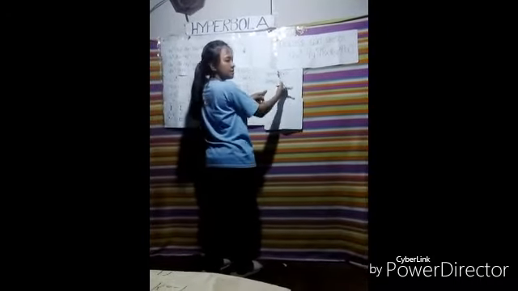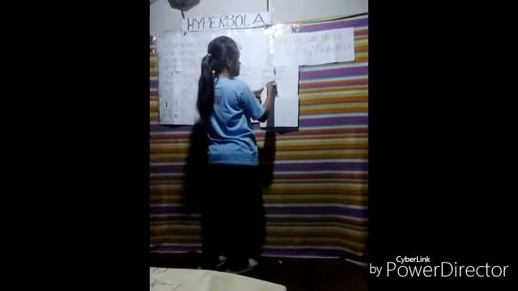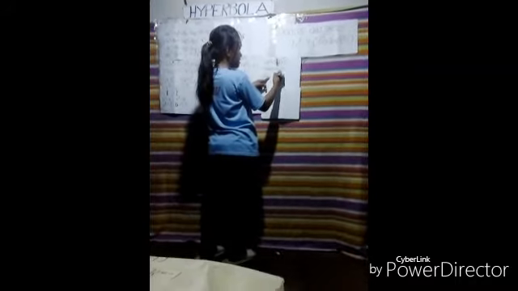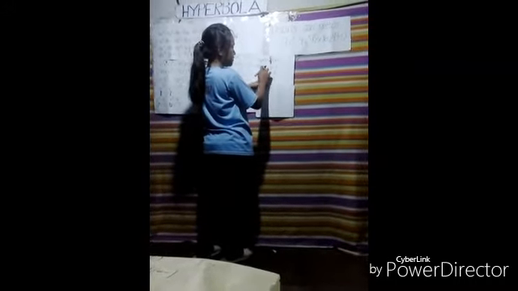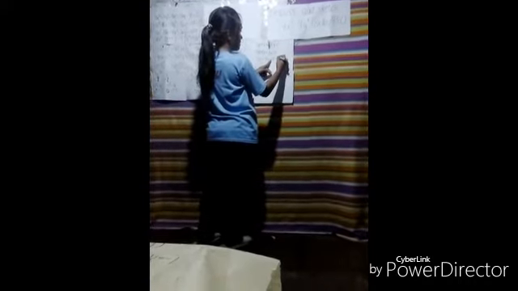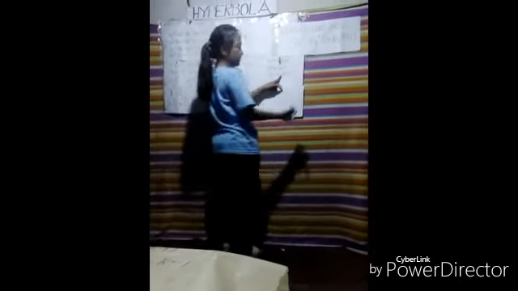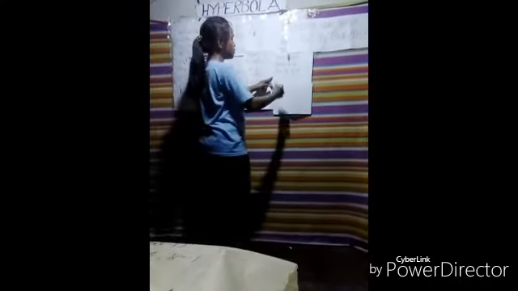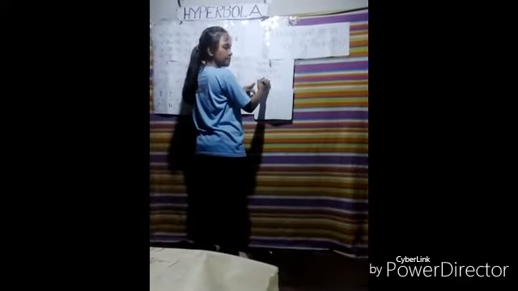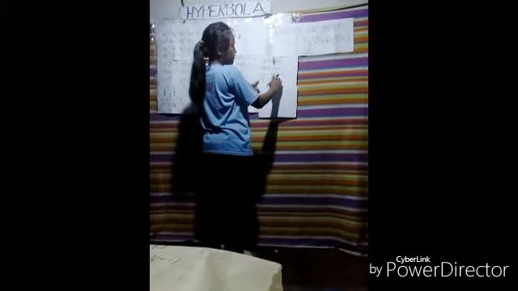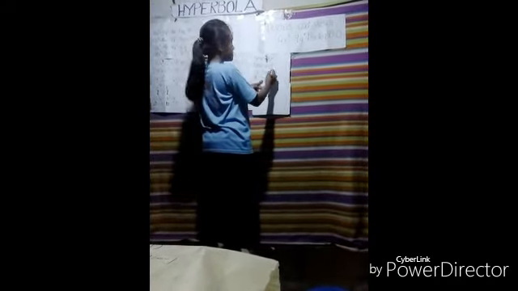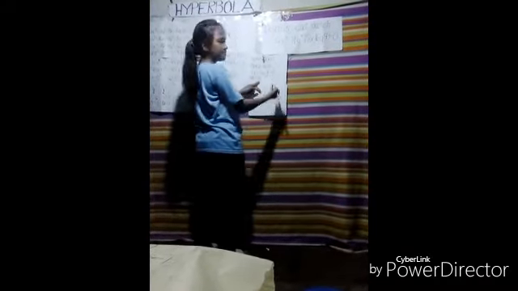The next is 2y equals 3x minus 3, transfer the 4, so it will become negative, so -4. The next is 2y equals 3x. -3 minus 4 is equal to -7.